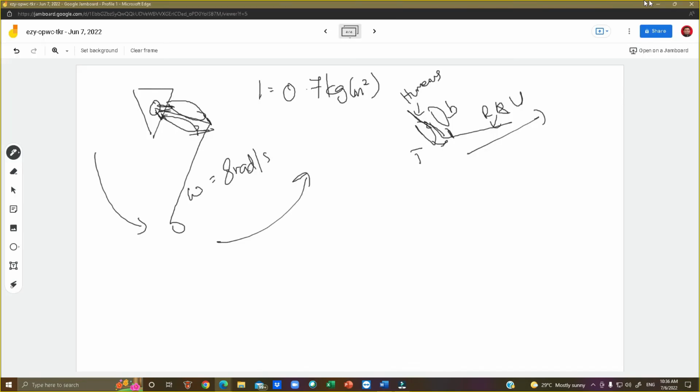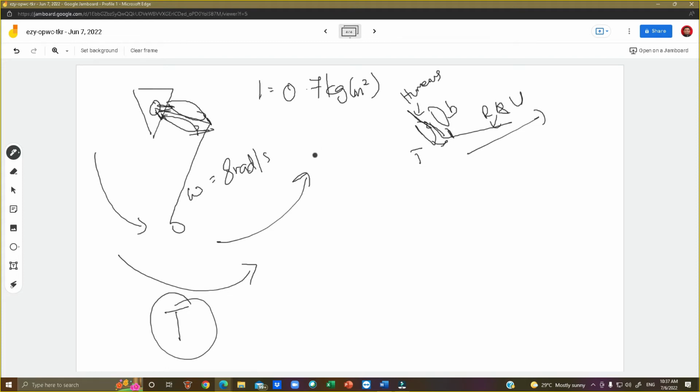Okay, jadi apa yang saya nak tunjuk kat kamu sekarang? If this leg swing at 8 radian per second in this direction, okay, forward, means that there are angular force being delivered there. Means that there is torque being given to the system, which causes the system to swing forward.